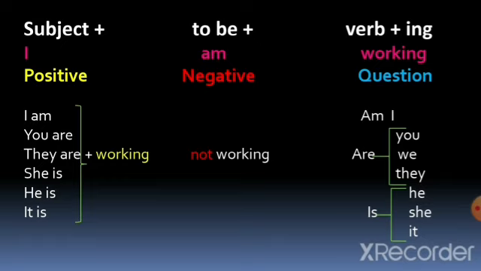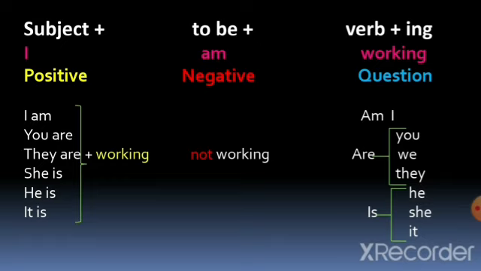Now, I is added to be, am, and then verb ing, working. So, I am working is an example of present continuous tense, but in a positive form. If you are using not working, then it will become negative present continuous tense.